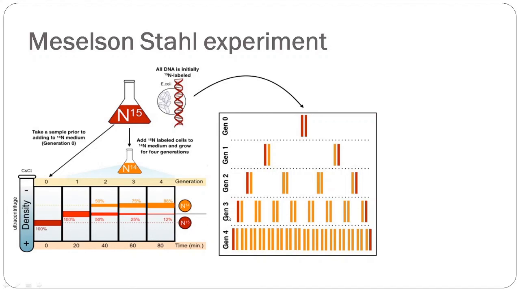In generation 3, 75% N14, because N14 was the only source, and 25% N15. And in generation 4, 88% N14 was there and 12% was N15.